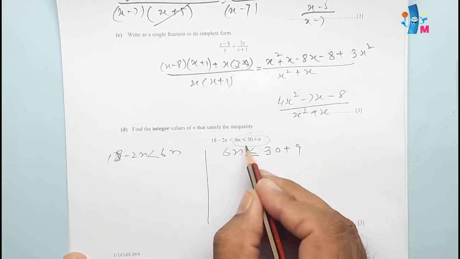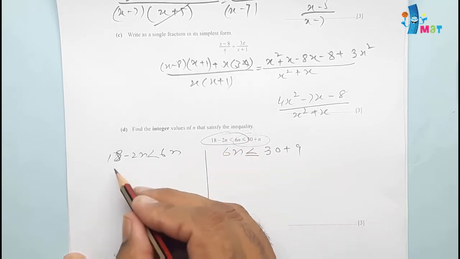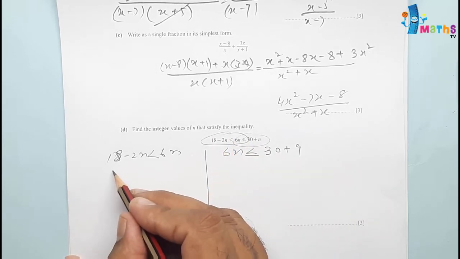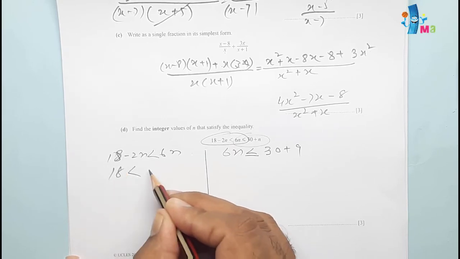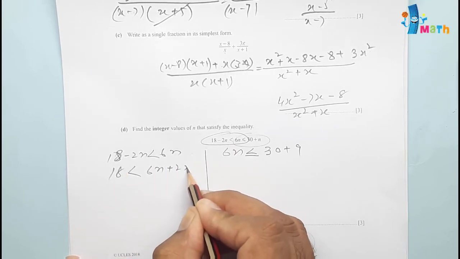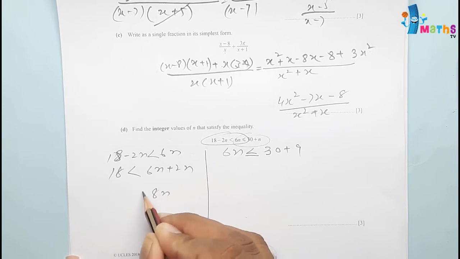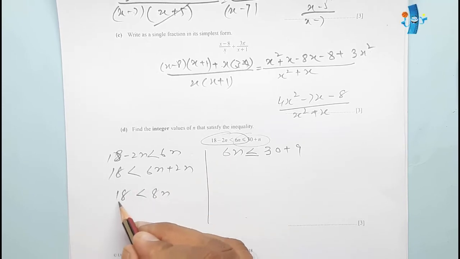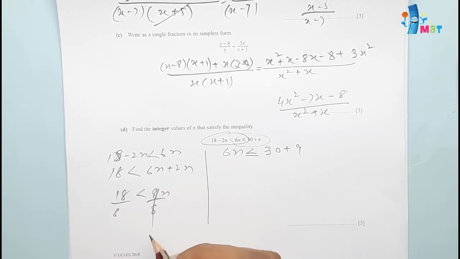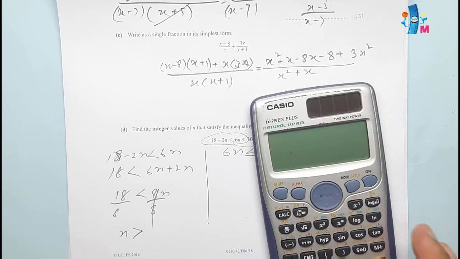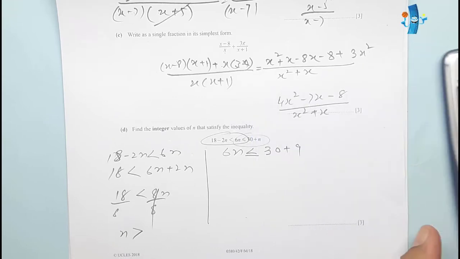I have taken this portion over here and this portion on this side. We can send the 2n to the other side, so 18 is less than 6n plus 2n, so this will be 8n. Divided by 8, n is greater than 18 divided by 8, which is 2.25.